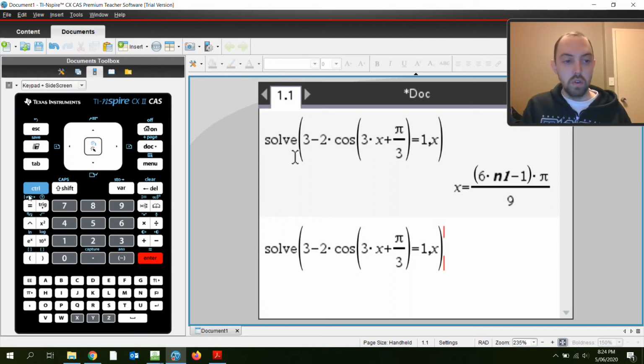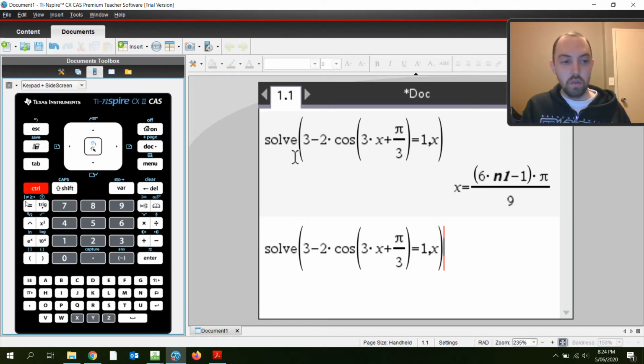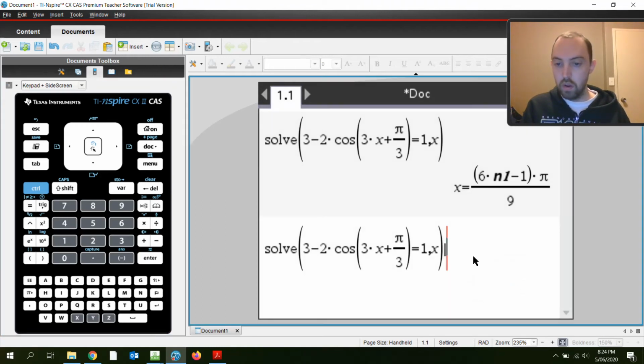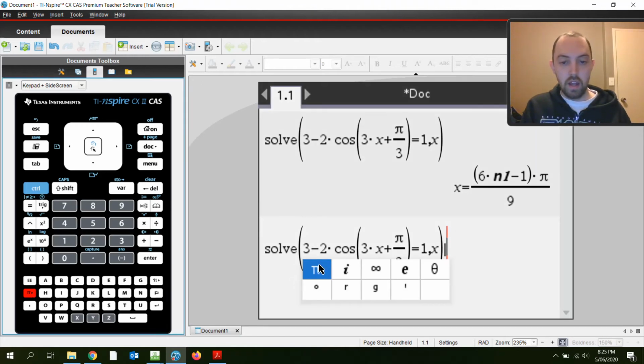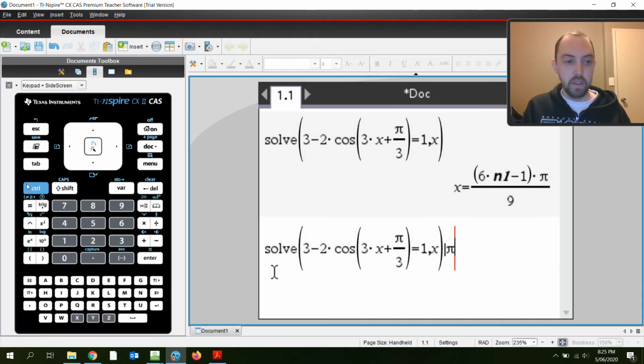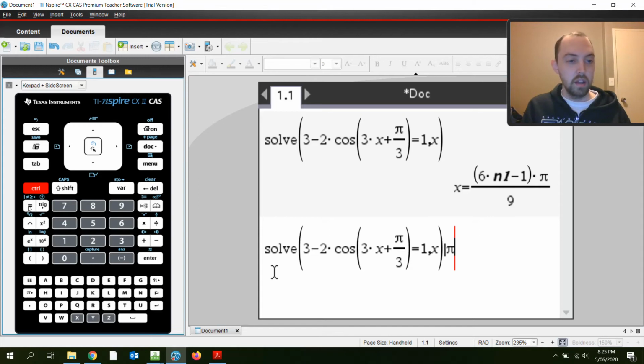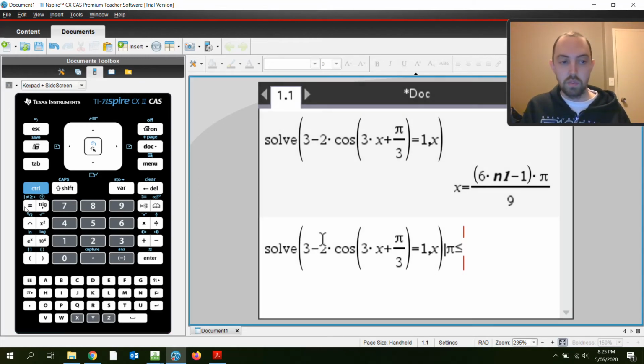We're going to use this straight line up here, and then I'm going to give it my domain, x, pi, less than or equal, so you find all of these symbols in the equals part of your calculator of your TI. Casio ClassPad's a bit different. I won't show that here, but feel free to ask me.